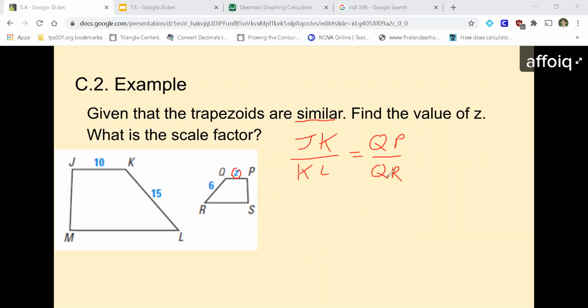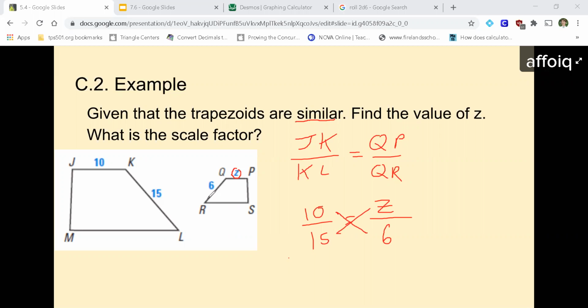Once you have it set up, you should plug in your numbers. JK is 10. KL is 15. QP is Z. And QR is 6. And now this is just like all the other problems you've been doing. If I want to solve this, I'm going to cross multiply and divide.